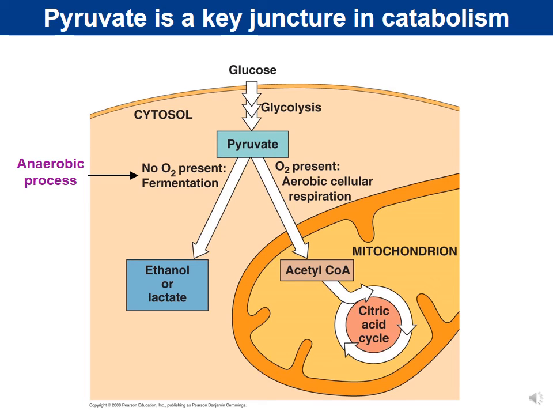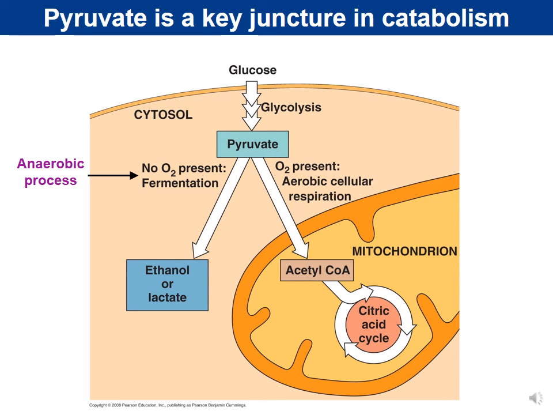To do acetyl-CoA and the Krebs cycle, you need to have O2, because in order to do the electron transport chain, you need O2 to be the final electron acceptor. So if O2 is available, pyruvate will go into the mitochondria. However, if O2 is not present, then the cell's not going to transport the pyruvate into the mitochondria, because without O2, the electron transport chain can't occur.